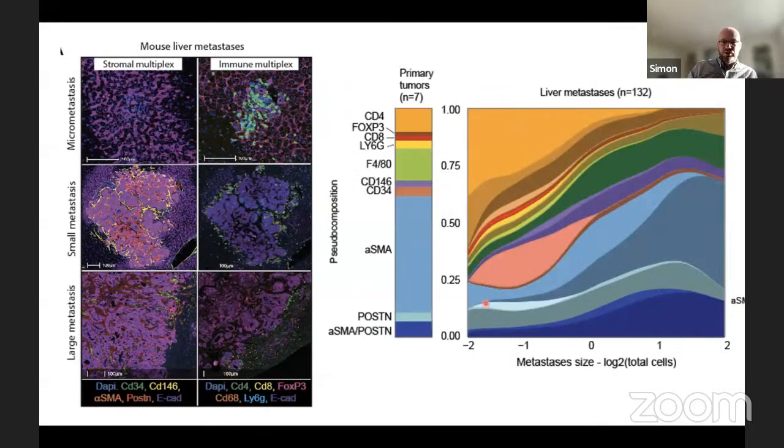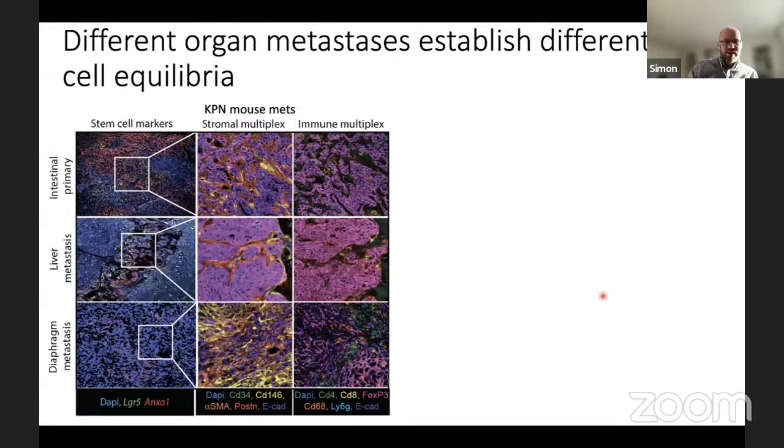And we can measure that using a series of tools to show that the CD4 population declines over time as the size of the tumor increases, and the stromal compartment here in the blues increases. But what's equally fascinating is if you look at different tumors in the same mouse. We have the occasional mouse here that will metastasize both to the liver and also to the lung. Here, this is a KPN tumor.